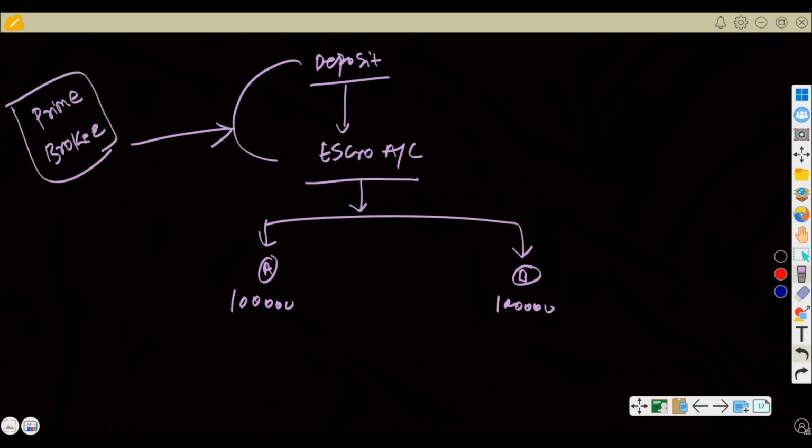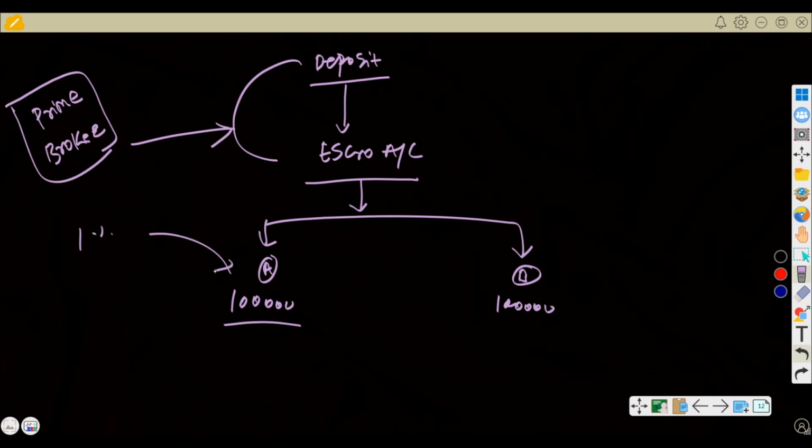Prime broker will charge commission for both, yes, brokerage. And that becomes your upfront fee, where the broker will charge both counterparties 1%, 2%, let's say 1% on this amount.